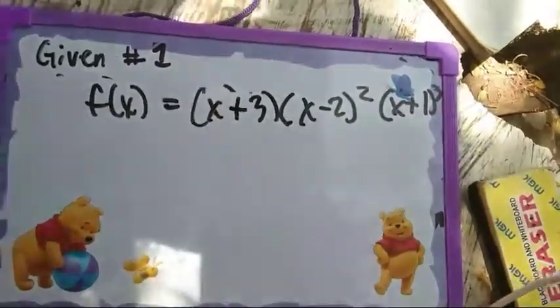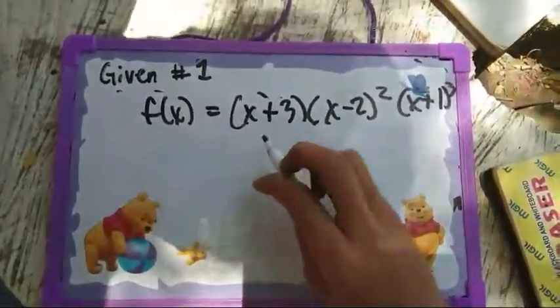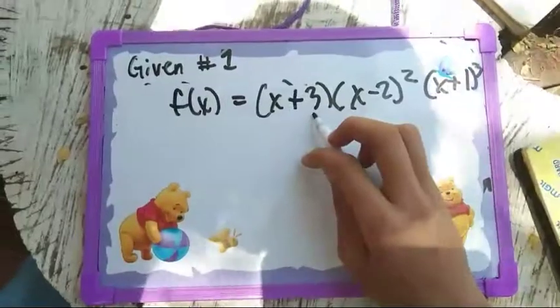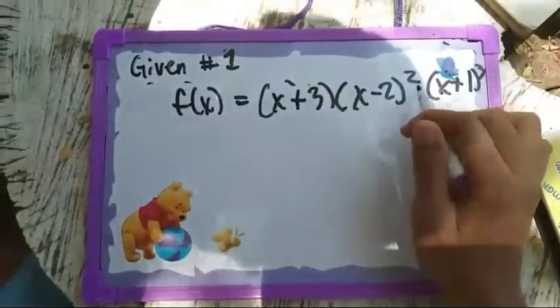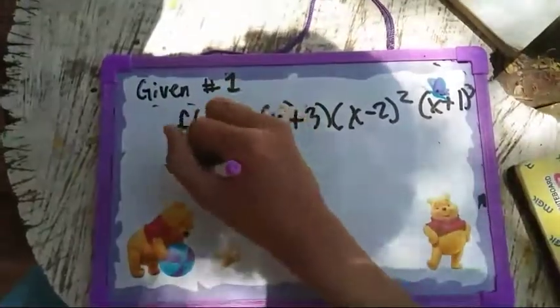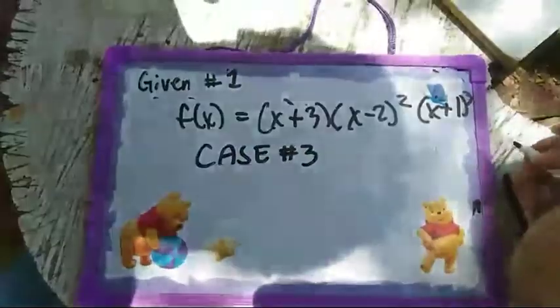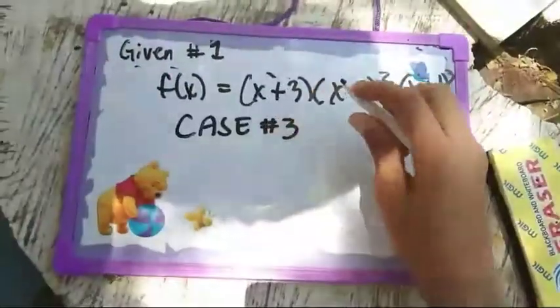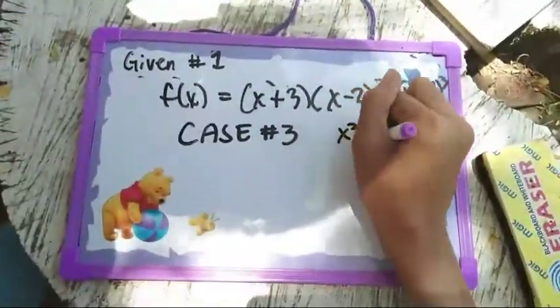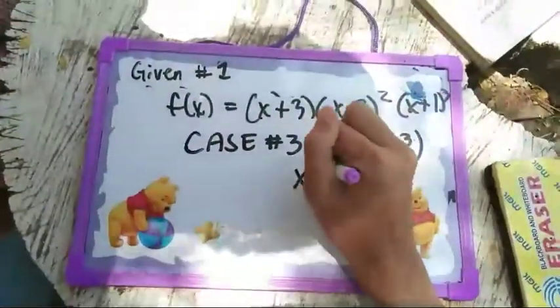So now we are going to determine the case of our given. Our first given is f of x equals the quantity of x plus 3 times the quantity of x minus 2 squared times the quantity of x plus 1 cubed. This case is case number 3. Because if we are to multiply the x's, x times x squared would give you x cubed, times x cubed would give you x raised to 6.